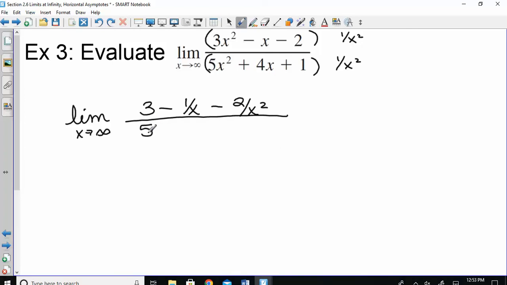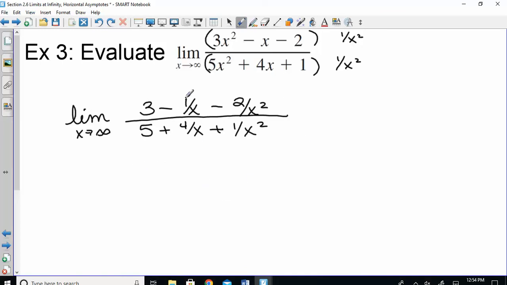What's the bottom turn into? 5 plus 4 over x plus 1 over x squared. Just looking at this, it doesn't necessarily look better, but it is.